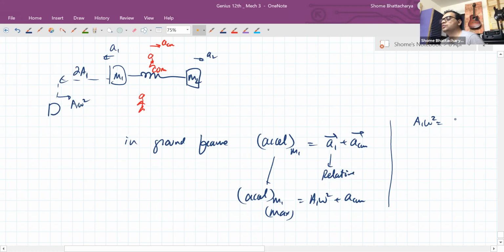So A1 omega square we just saw is actually F upon M1 plus M2. Okay. And that is the same thing as ACM. So in ground frame, the maximum acceleration of M1 will be equal to 2 times F upon M1 plus M2.